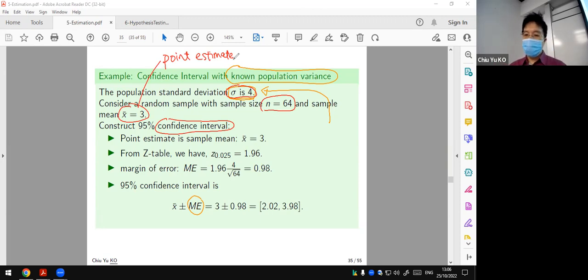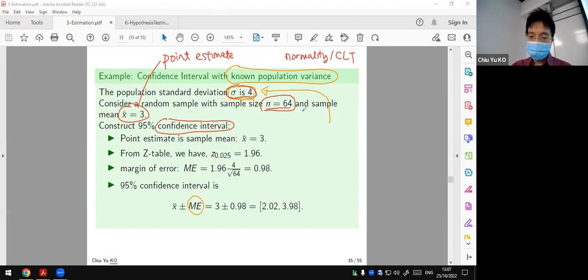If you want to tell more, we need to assume something, either normality, or the central limit theorem might be okay, but you have to hope n of 64 is good. Usually we said more than 30 is fine.